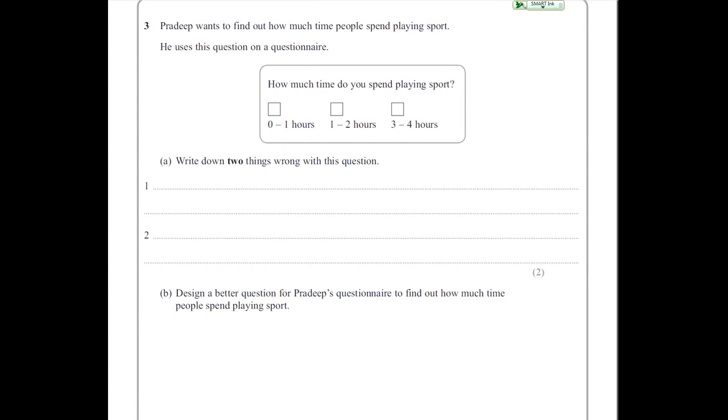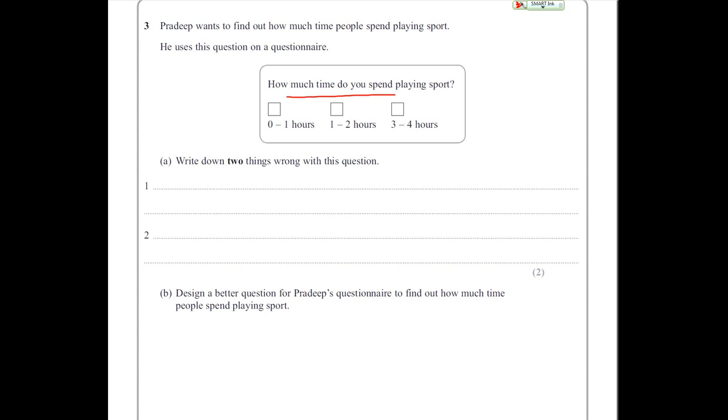Pradeep wants to find out how much time people spend playing sports. He uses this question on a questionnaire. The questionnaire says, how much time do you spend playing sports? And it's got 3 options: 0 to 1 hours, 1 to 2 hours, 3 to 4 hours. Just imagine that you were trying to fill this in. What would be confusing you?